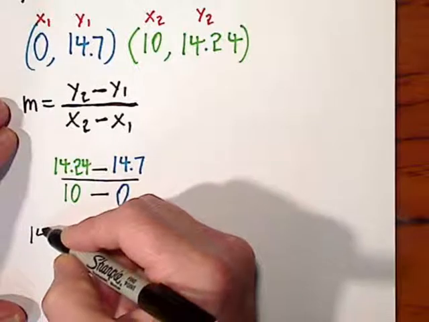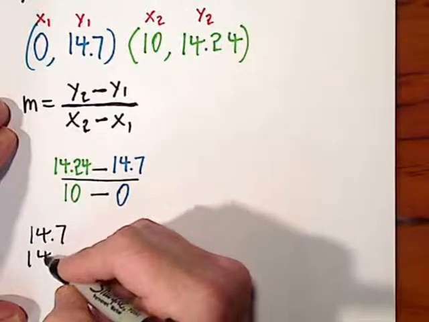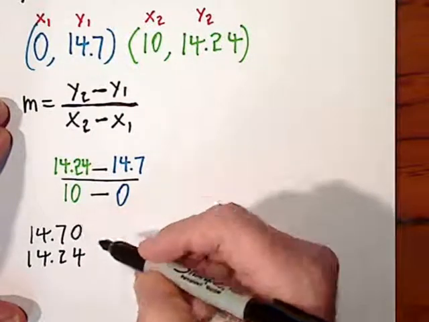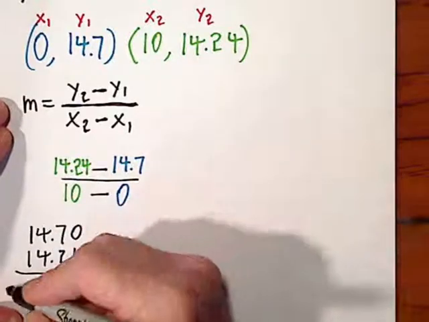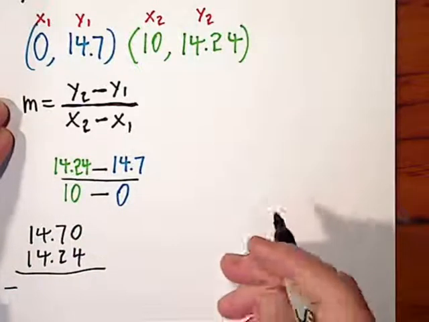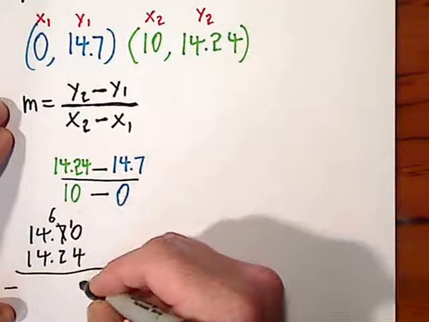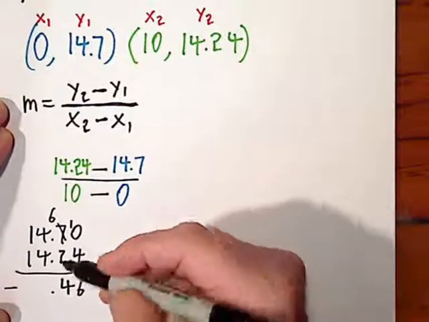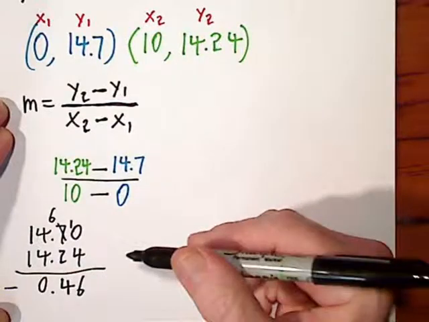So there's 14.7, and I'm going to subtract 14.24. Obviously I'll need a 0 here in order to subtract, and the answer is going to be negative. So we've got a 6, a 4, and those are zeros, so I'll put 0.46.